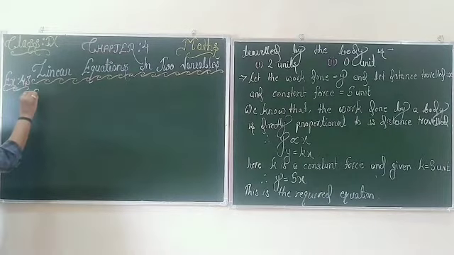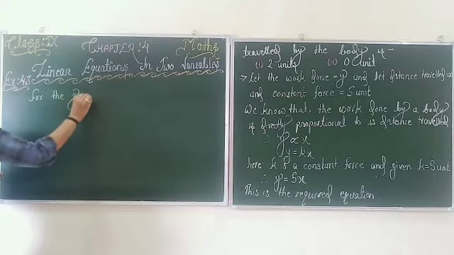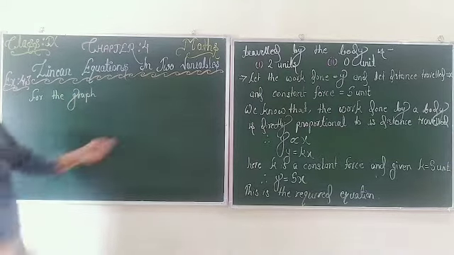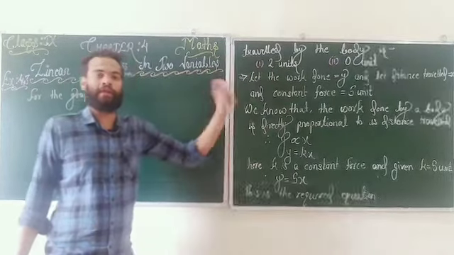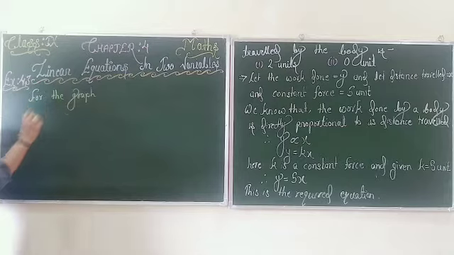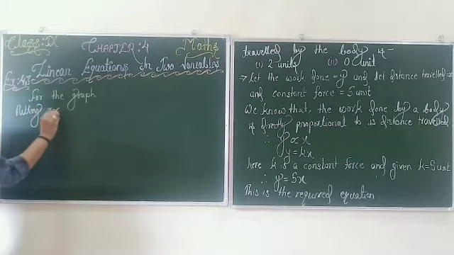Now for the graph, we need to find the values of x and y. Here they also said if the distance traveled by the body is 2 unit, then how much work is done? So we first start from 0 unit, putting x equal to 0.